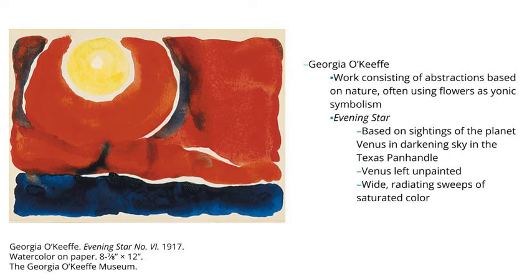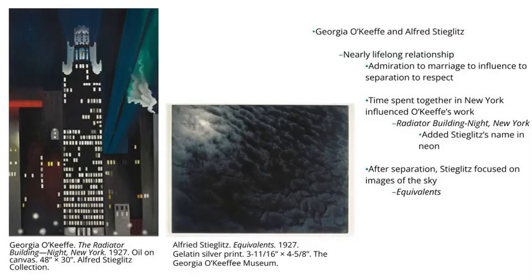And there are these very wide radiating sweeps of highly saturated color here, and that is pretty normal for Georgia O'Keeffe's work. Now, about the relationship between O'Keeffe and Stieglitz, they had a nearly lifelong relationship.